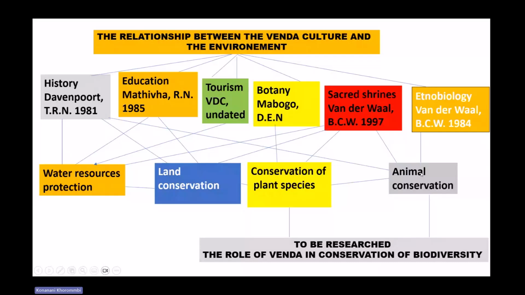You can also say, according to Korombi, culture has a positive contribution in the conservation of the natural environment. Or Korombi argues that culture protects the environment through its ethics, such as the taboo, such as the science of omens, and such as the protection of edible plants or animals. You can do that one.